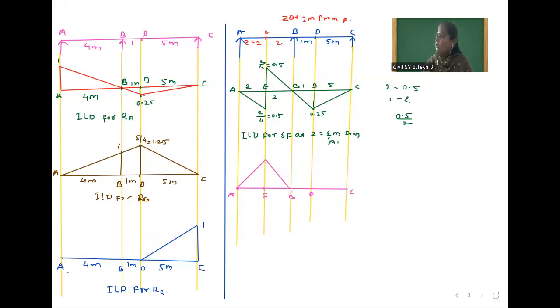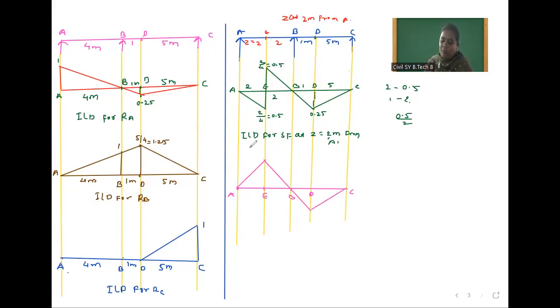At A, the value is 0. After that, from B to D a hinge support is provided, so the diagram will continue up to point D, and from D to C we will close this. So this is the ILD for bending moment.